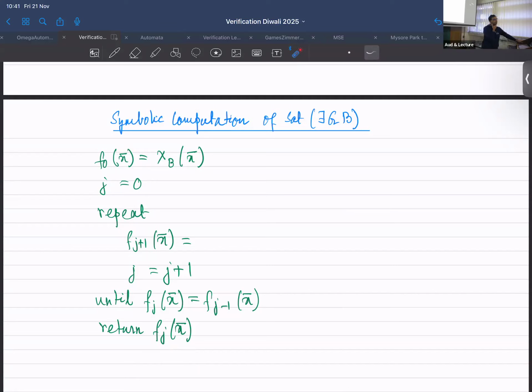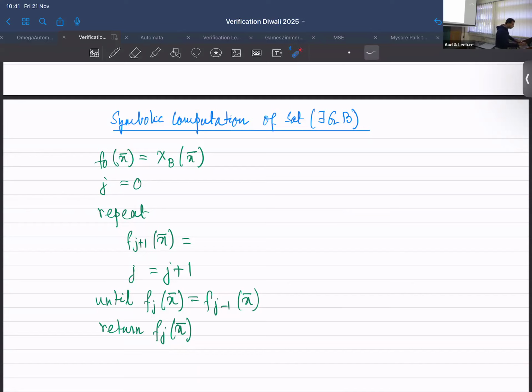I should be able to do it for at least J steps, and maybe also for one more. If I can do it for at least J plus 1 steps, I should be able to do it for at least J steps also, right?